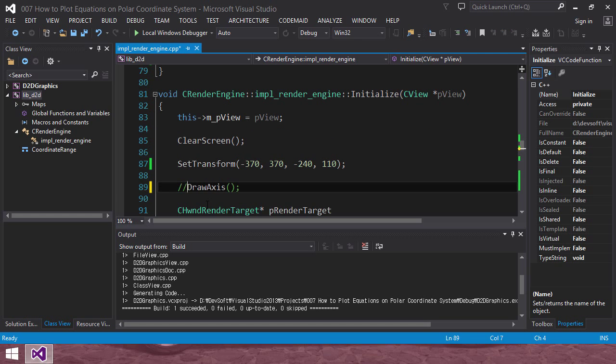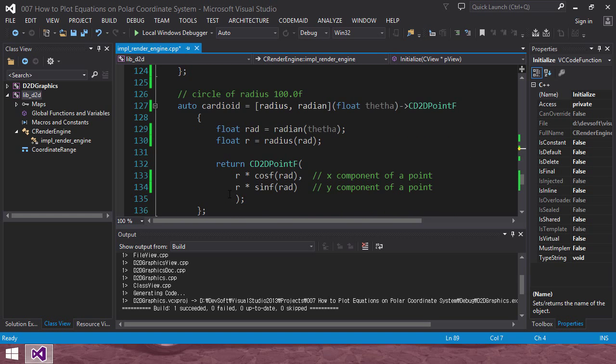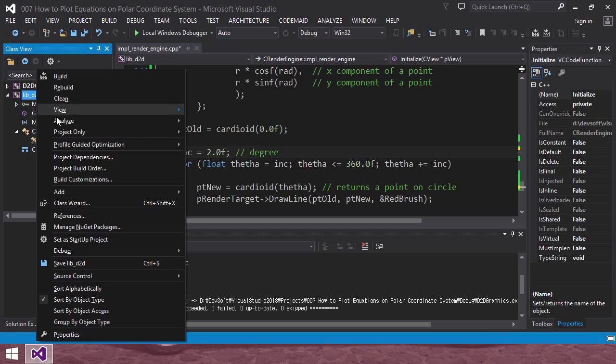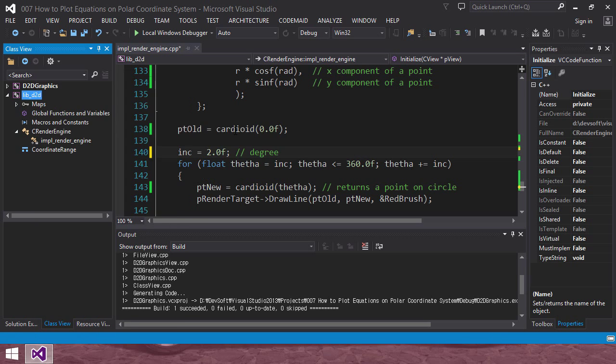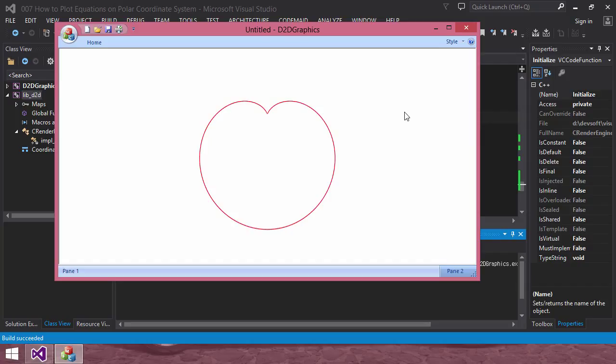I will make it more smooth. Smooth means it should be like 2. Okay, I will build it once again. Wow, it's beautiful. This is the end of our session, and the lesson is very simple.